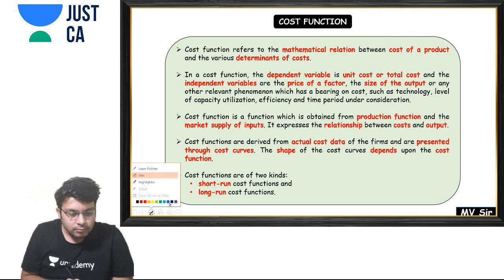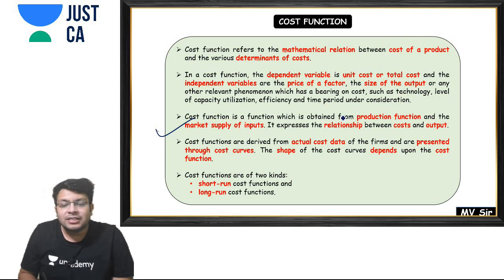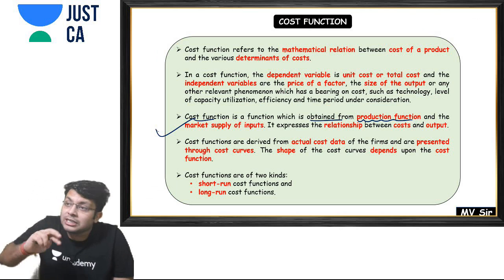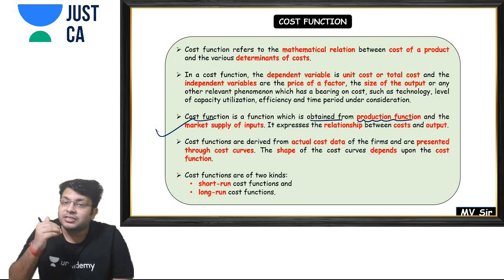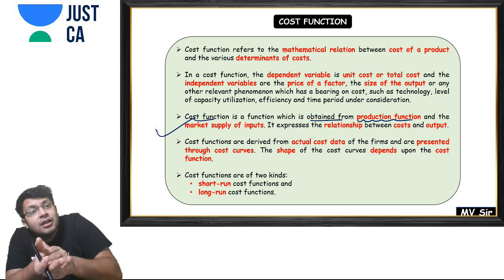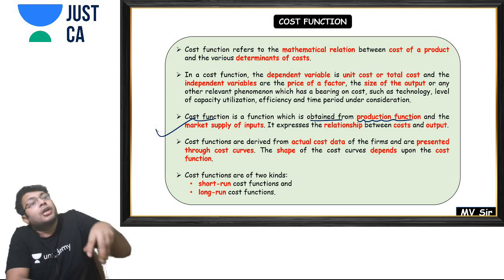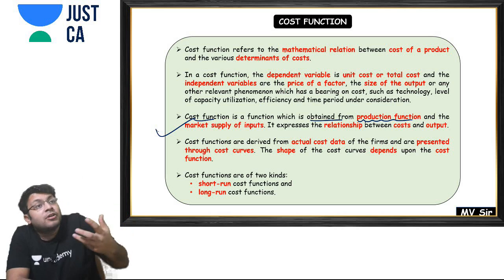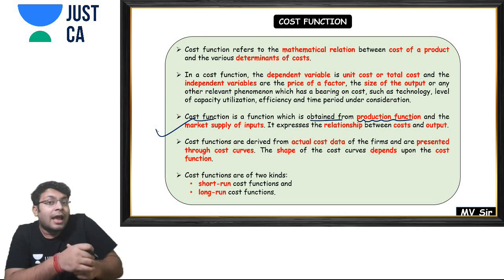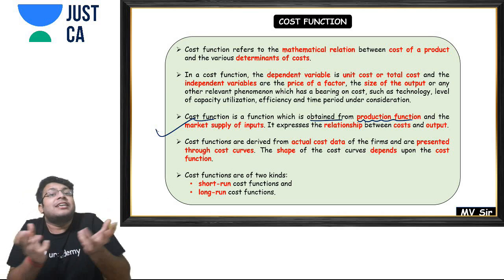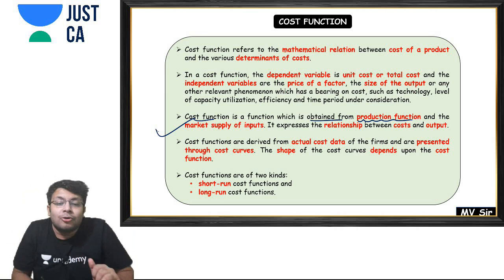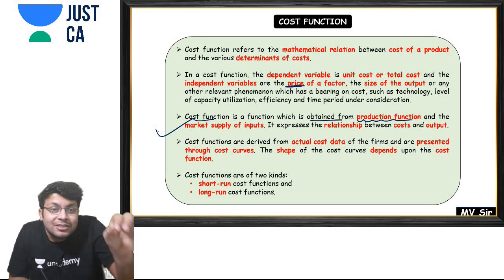Now again, the cost function is obtained from the production function. This is a very important point. In the production function you were told which inputs you are using for producing your output, and only if you know which inputs you are using will you be able to know the prices of those inputs.